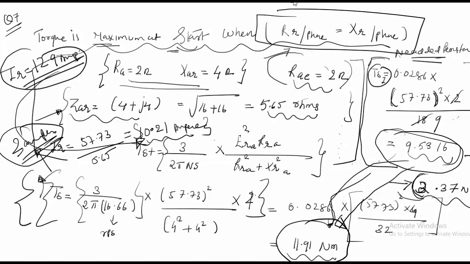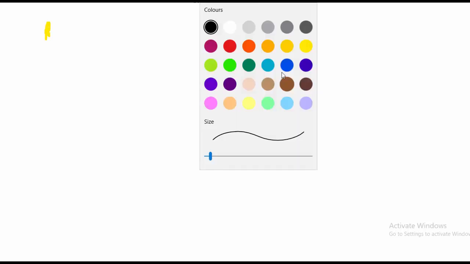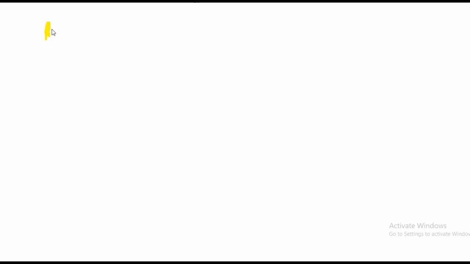But again, the other case which I considered previously was by taking a starting resistance of 10 ohm.